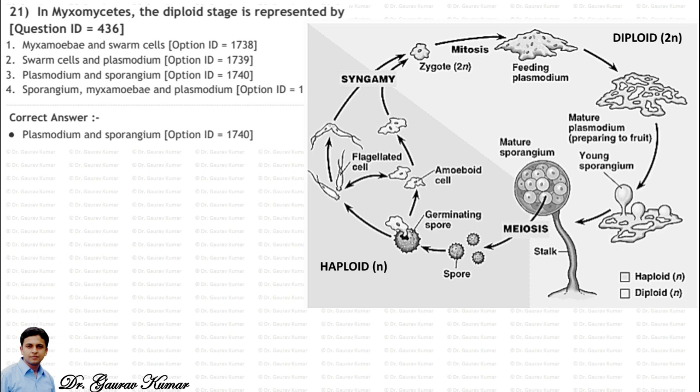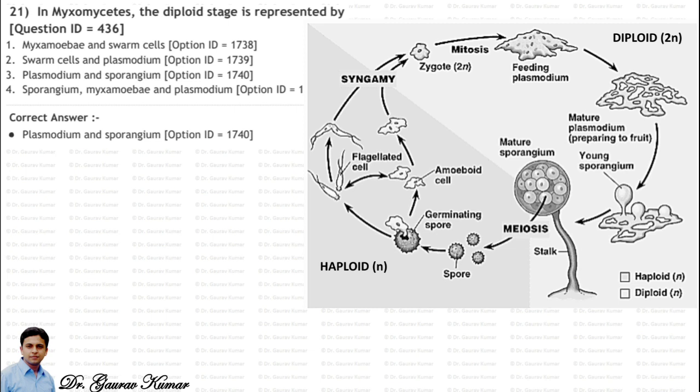There these stages of myxomycetes were recognized, in which you can see that the zygote, on the top, is the diploid one, and then the zygote forms the feeding plasmodium. The feeding plasmodium, whenever it matures, converts into the young sporangium. The sporangium has the spores, and the sporangium is also a diploid structure. After meiosis, it forms the haploid spores.